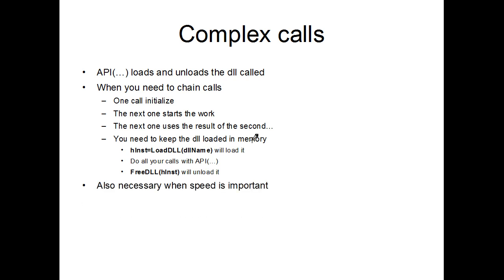If you're in a loop and inside that loop that you're doing 1 million times, you're doing an API call, then it's much better to load the DLL before the loop, do your API call inside the loop, and unload the DLL after the loop, than to have 1 million times the DLL loaded from disk in memory, then unloaded. That would be clearly a huge waste of time.